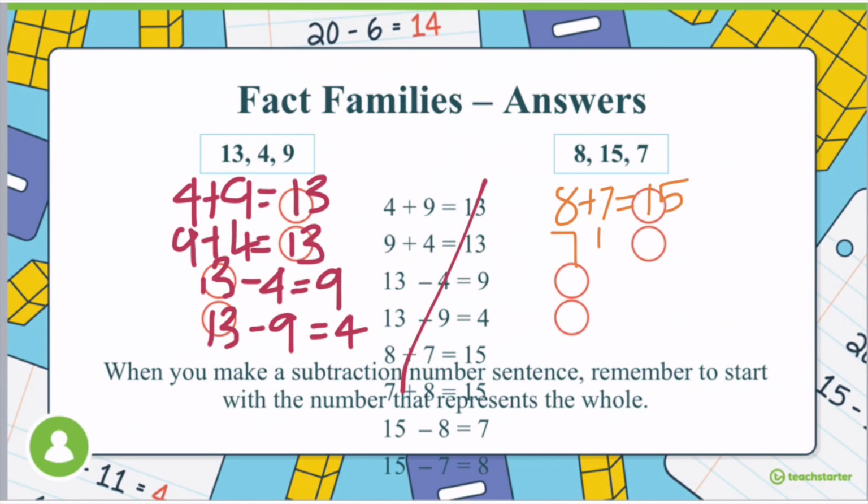We've got 7 plus 8 is equal to 15 as our total. Our total is 15, so it's at the start of our subtraction. Minus 8 equals 7, and then 15 minus 7 is equal to 8.